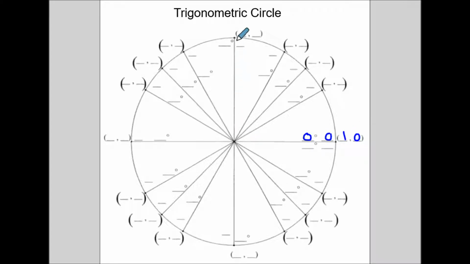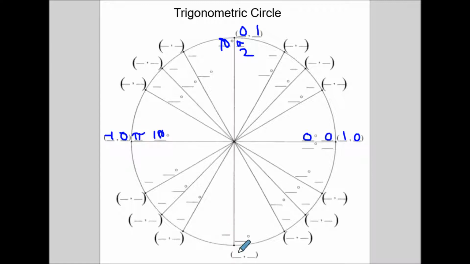If you go to pi over 2, which would be here, this is 90 degrees. The coordinate would be (0, 1). If you keep going, 180 degrees here, then your angle is now pi, and the coordinate would be (-1, 0).